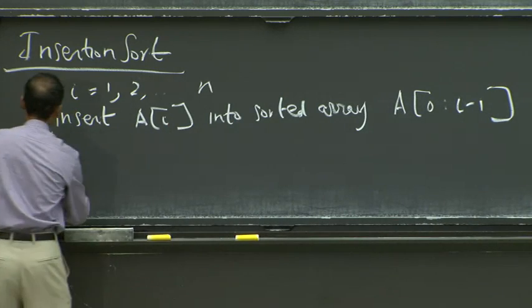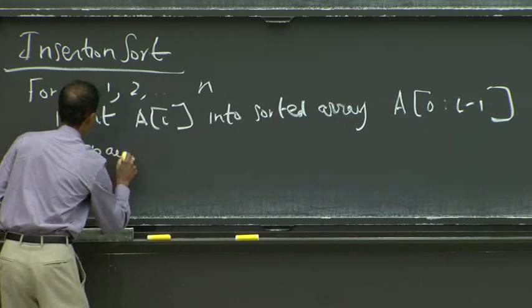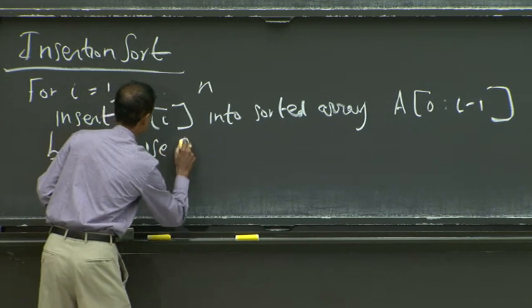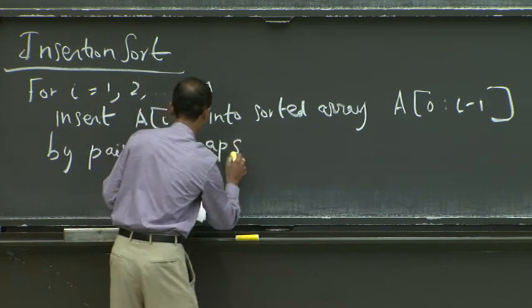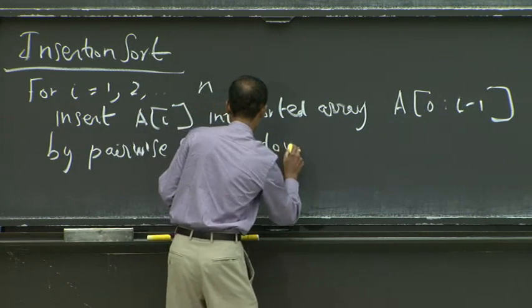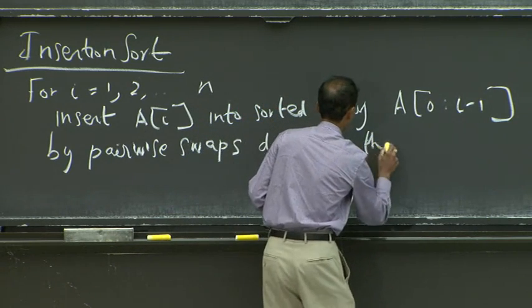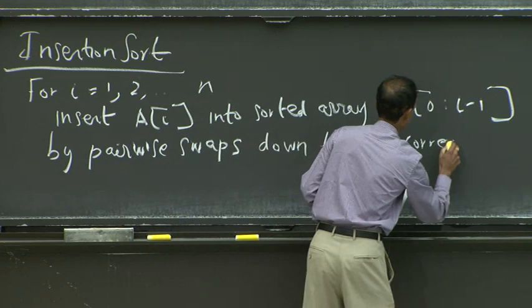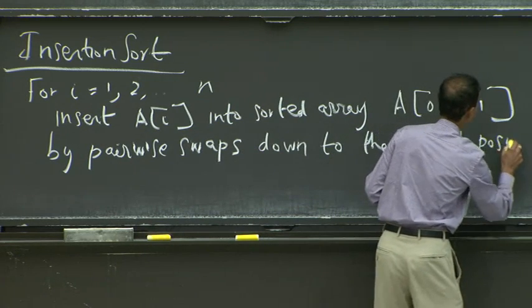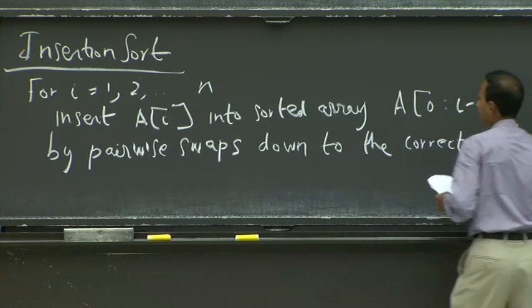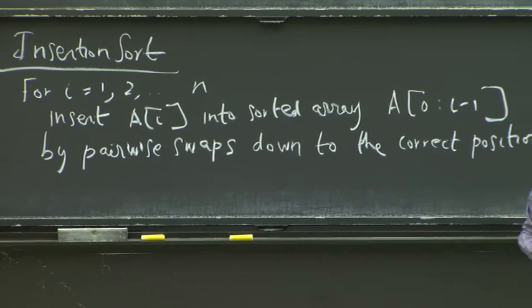And we're going to do this by pairwise swaps down to the correct position for the number that is initially in a of i.